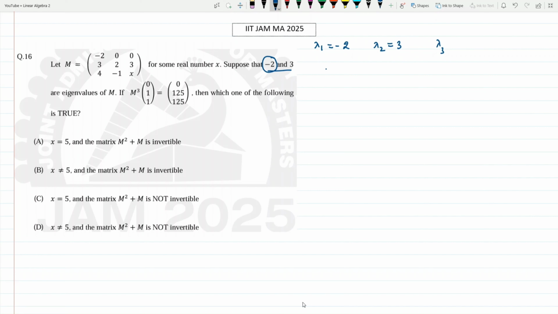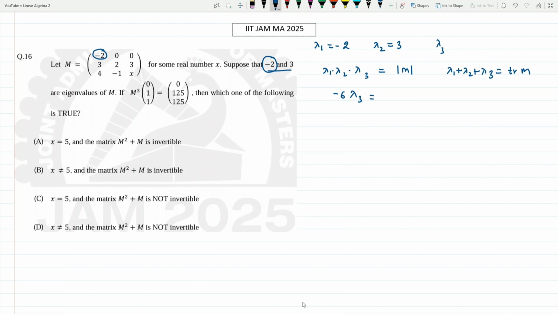Also, we know that the product of the eigenvalues is equal to the determinant of the matrix, while the sum of the eigenvalues is equal to the trace of the matrix. So we have the product of the 3 eigenvalues to be negative 6 lambda 3, and the determinant is going to be from here.